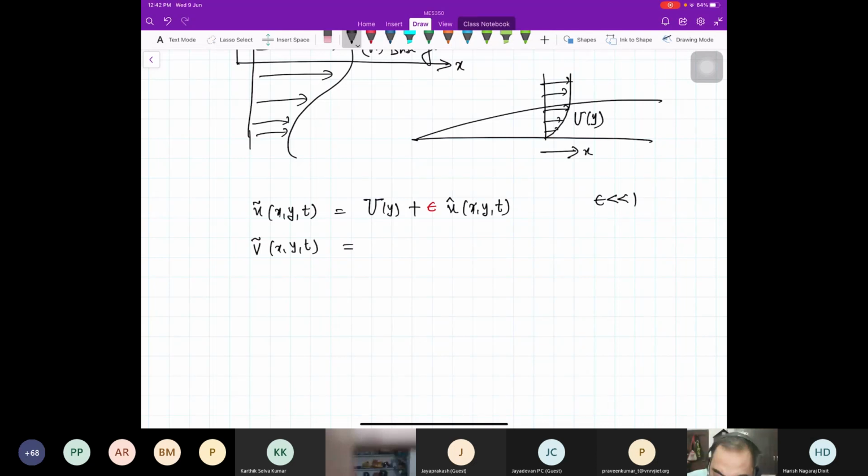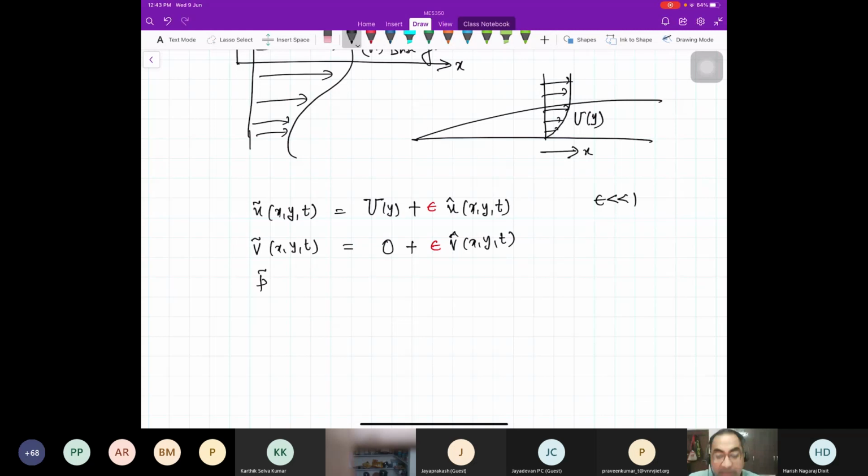There is no mean flow in the y direction. There is only a horizontal flow, so there'll be zero mean, but there'll be a fluctuation, v hat of x, y, and t.